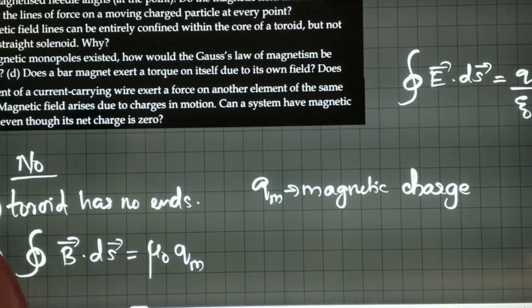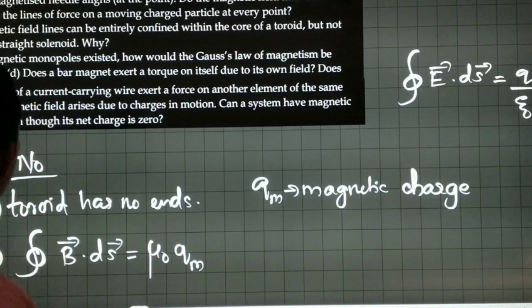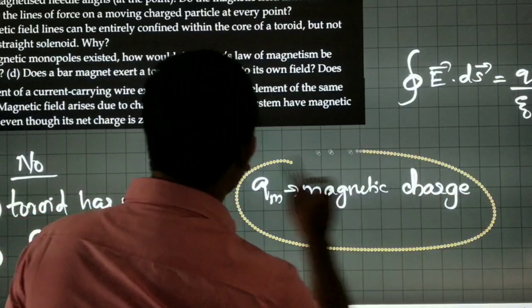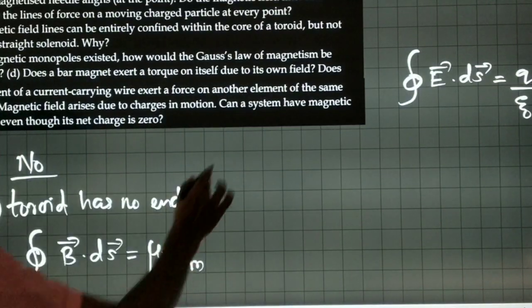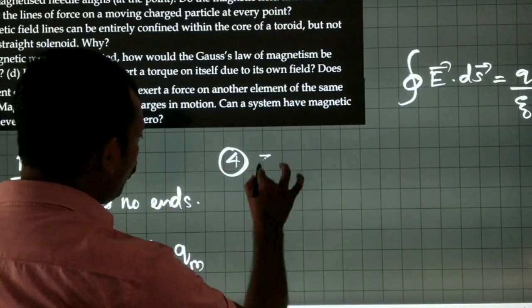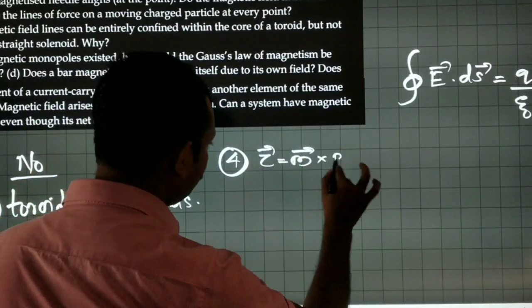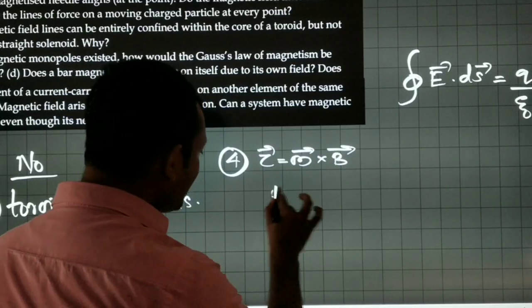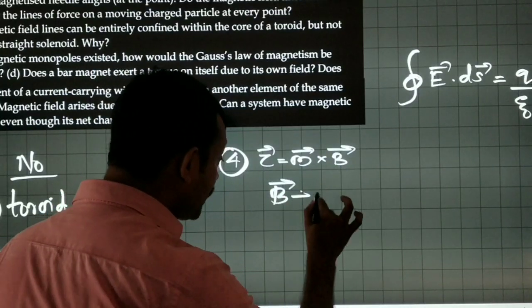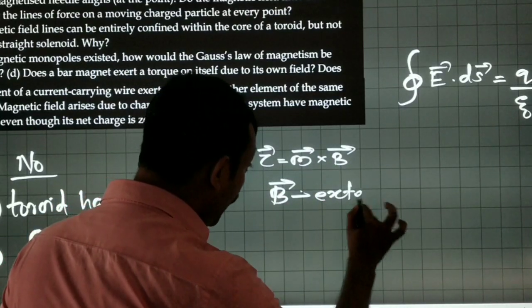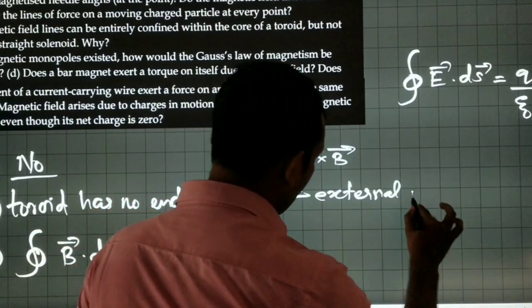Now coming to point 4. Does a bar magnet exert a torque on itself due to its own field? We have the formula for torque. Torque, as we learned in the previous chapter, is M cross B, where B is the external magnetic field.